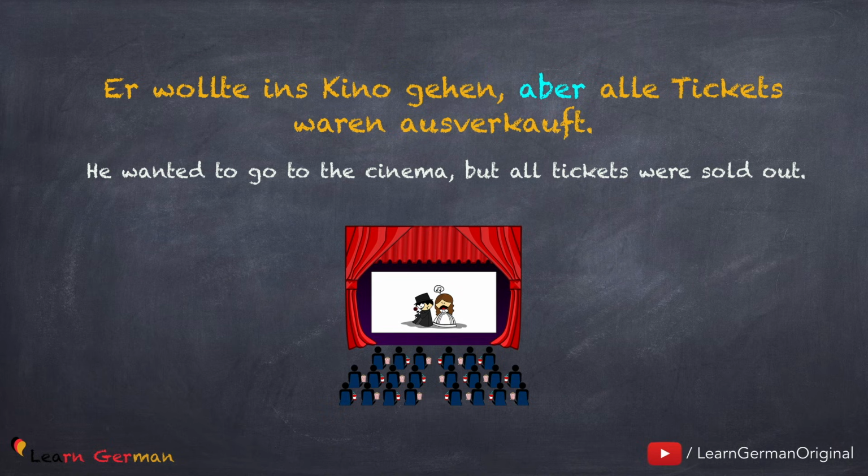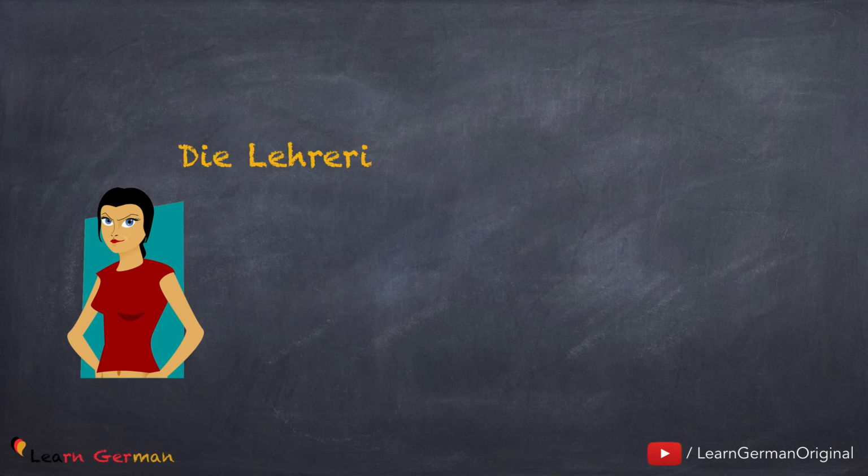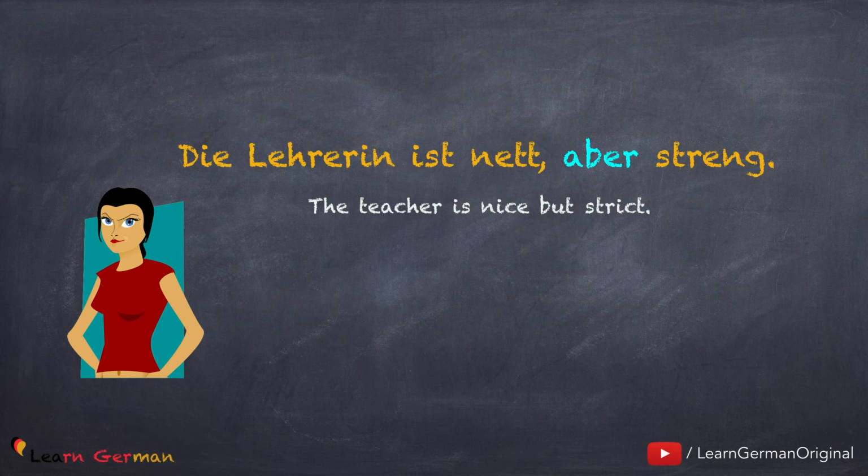There's one thing that you should remember here. Whenever you are using aber as a conjunction, do remember to put a comma between the two sentences, that is, before aber. Here's another sentence. Die Lehrerin ist nett, aber streng.